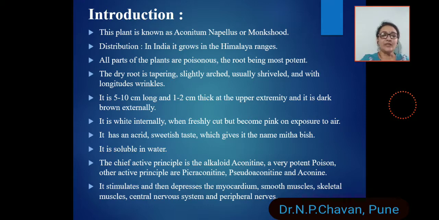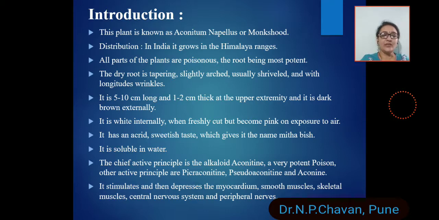It is 5 to 10 cm long and 1 to 2 cm thick at the upper extremity, and dark brown externally. It is white internally when freshly cut, but it becomes pink on exposure to air. It has an acrid or sweetish taste, which gives its name meetha bish.